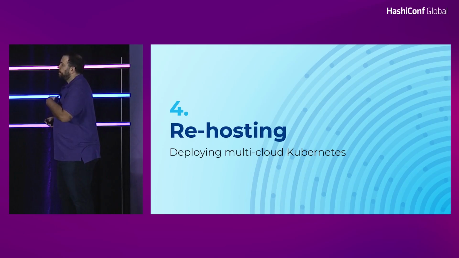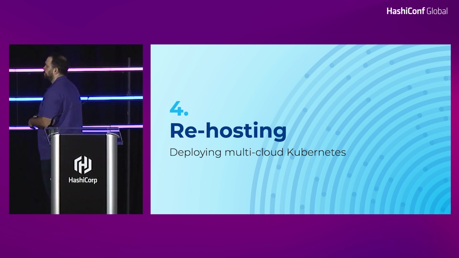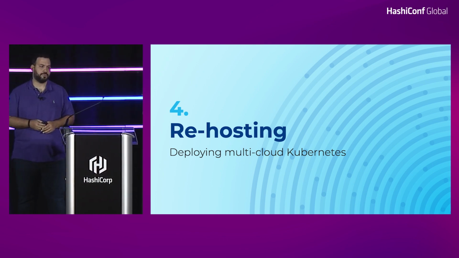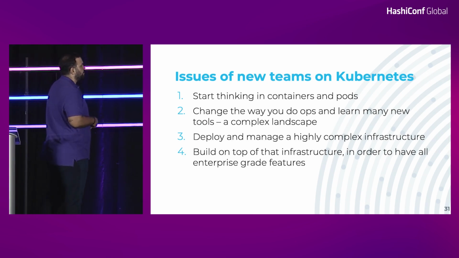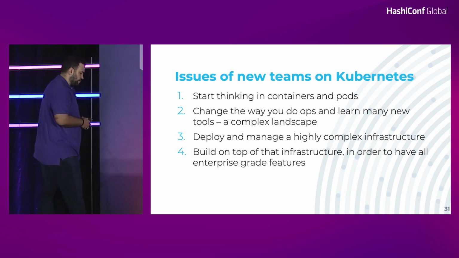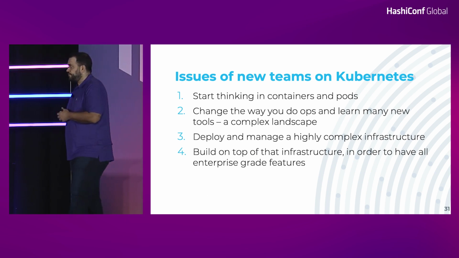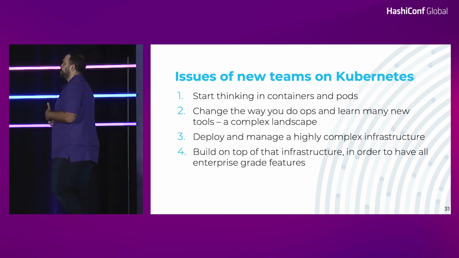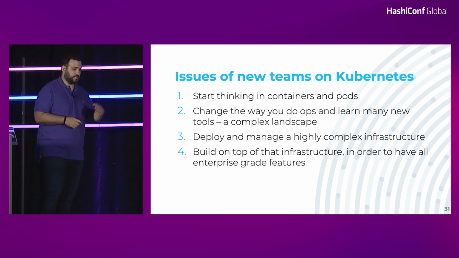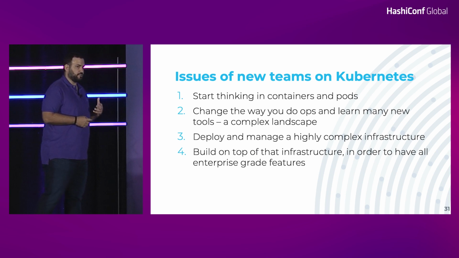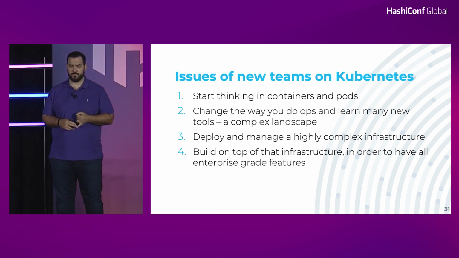So now the next step is to rehost and deploy Kubernetes, deploy and manage a Kubernetes cluster. And this has been a pretty significant burden for many teams nowadays. The first thing is that you have to start thinking in pods and containers instead of processes running, and that's already something big. That's already an architectural change in the way that we think. But we also have to change the way we do operations.